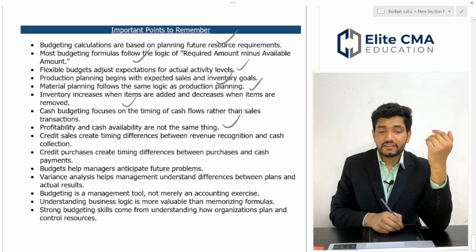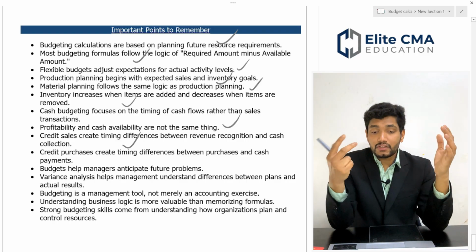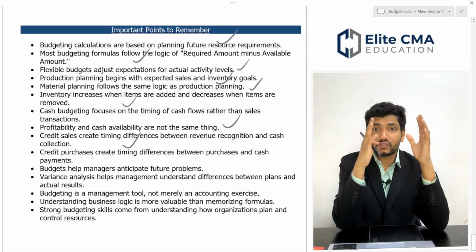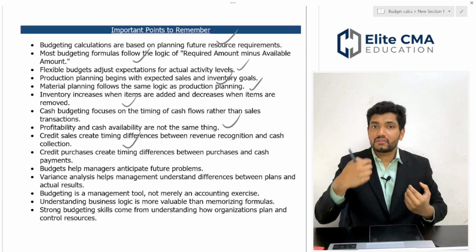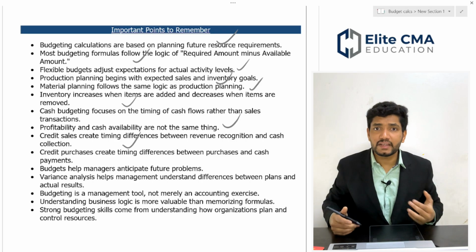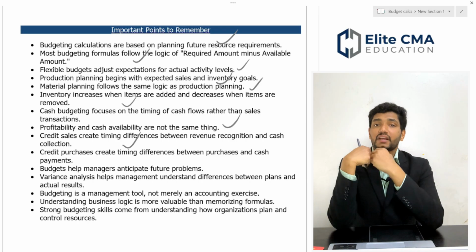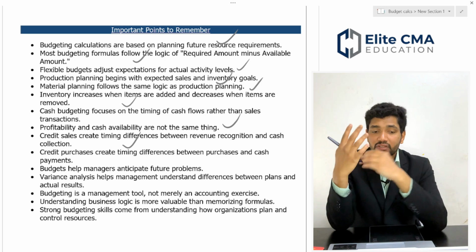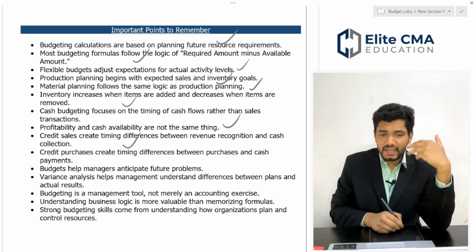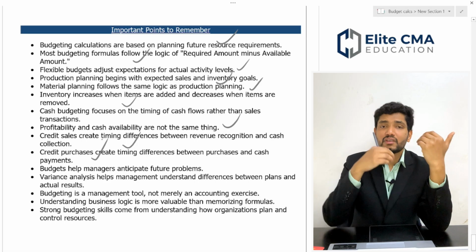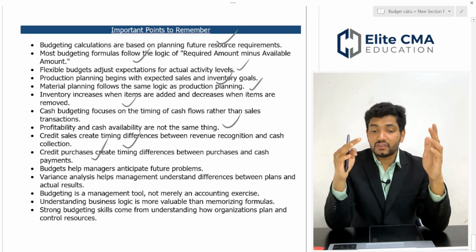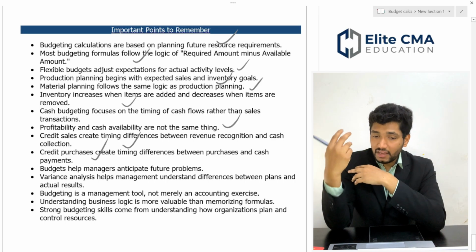Credit sales create a timing difference between revenue recognition and cash collection. Once you make a credit sale, revenue is generated immediately, but the collection will happen only based on the credit terms. The same thing happens with purchases as well. A credit purchase creates a timing difference between purchase and cash payment.